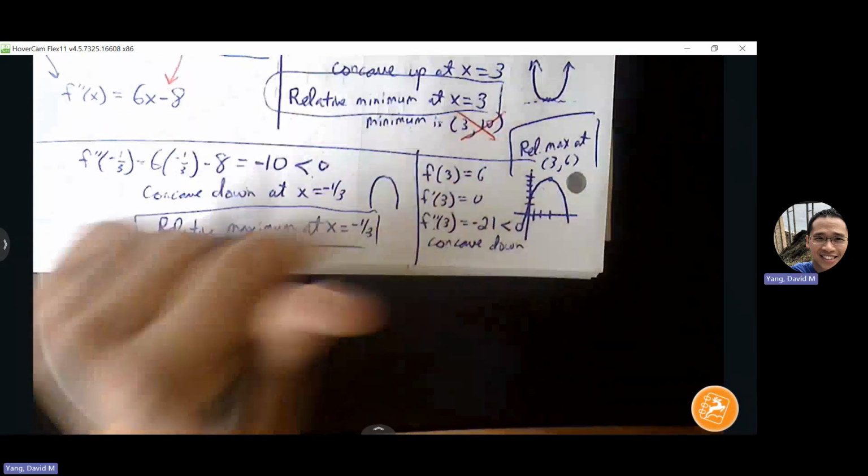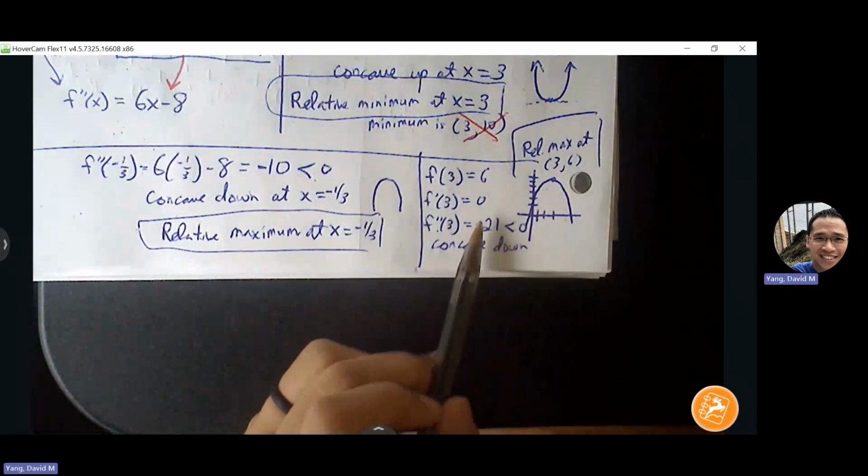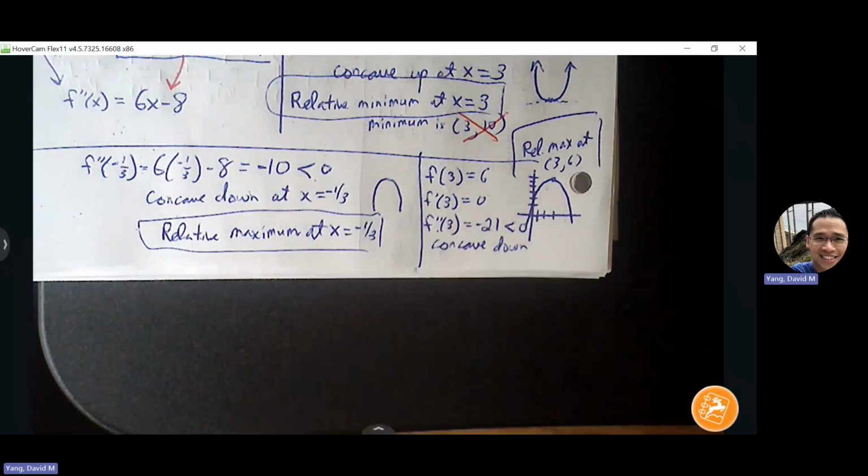This is what an AP exam multiple choice question could look like, where even if you try to do the F prime sign line, you just don't have enough information. You're forced into second derivative test knowledge.